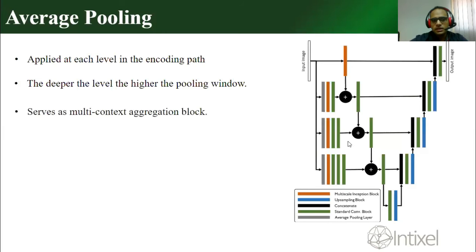The intuition behind the average pooling is that as you increase the window size of the pooling, you make the image blurrier with less detail. So it makes sense that this makes an abstraction of the details and makes the network focus only on the context of the image at this scale.